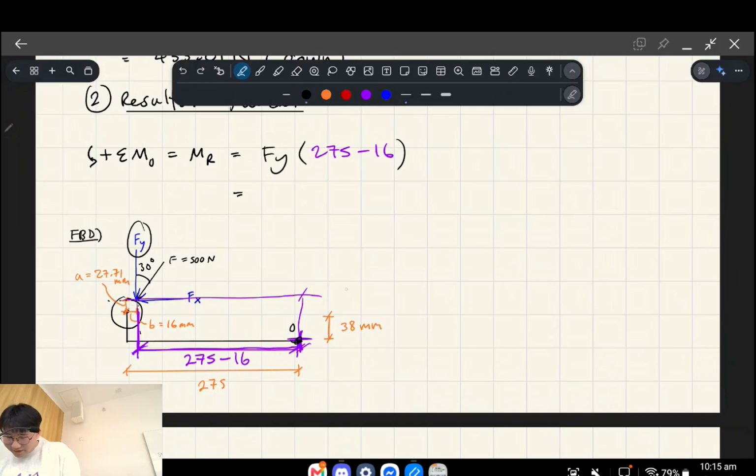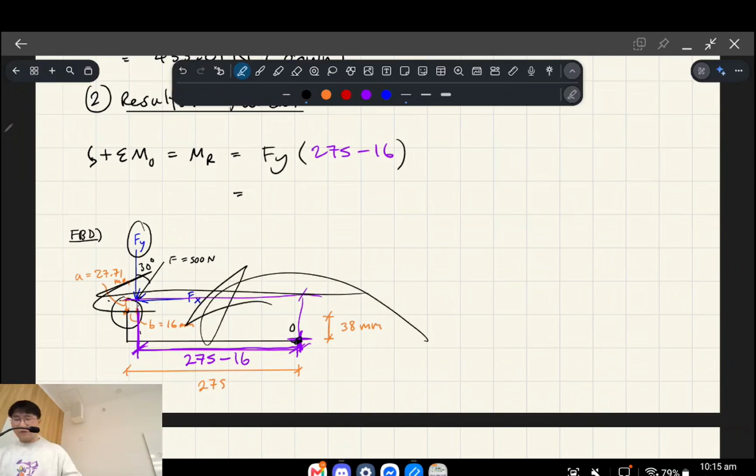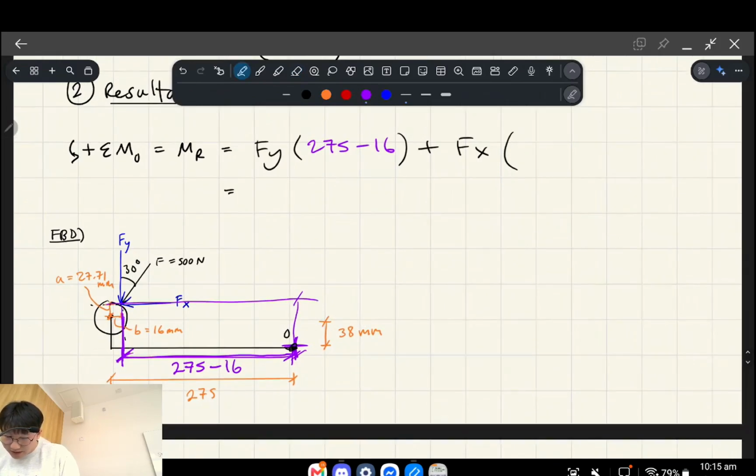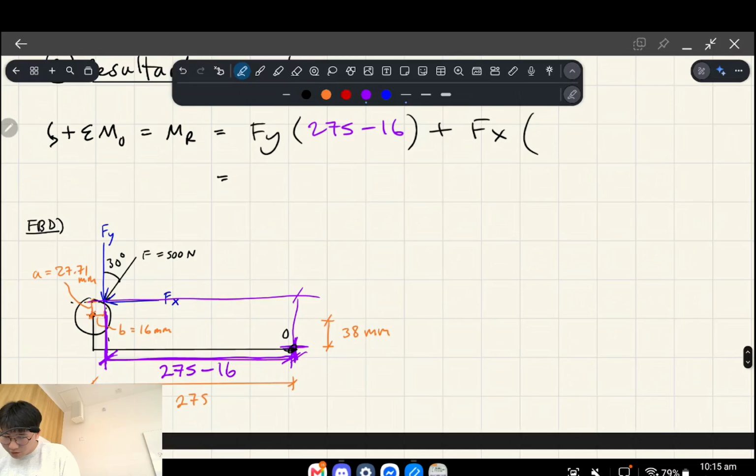If we look at Fx, which goes that way, it's generating a counterclockwise spin as well. So we're going to add these two induced moments together, okay? So do Fx. Now this distance is going to be, instead of one subtracted from the other, additive, right?